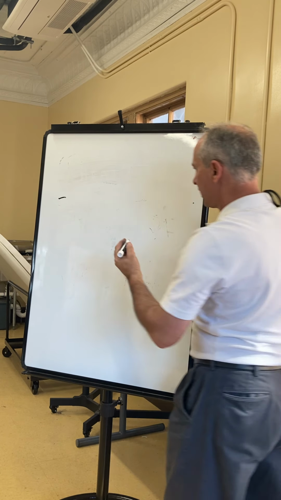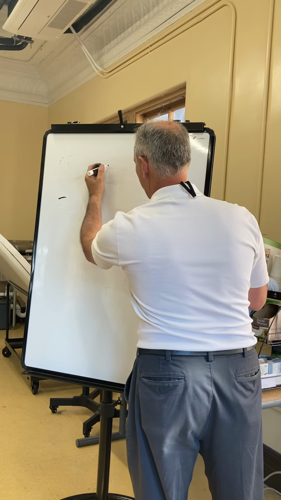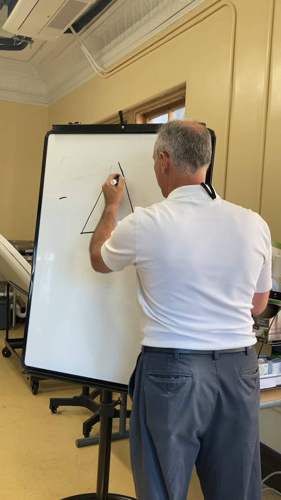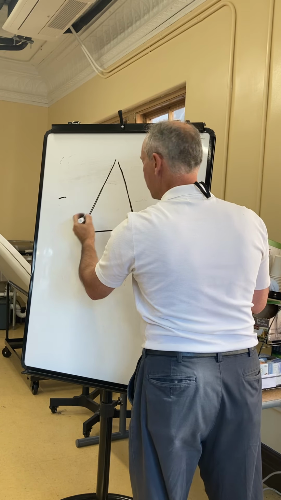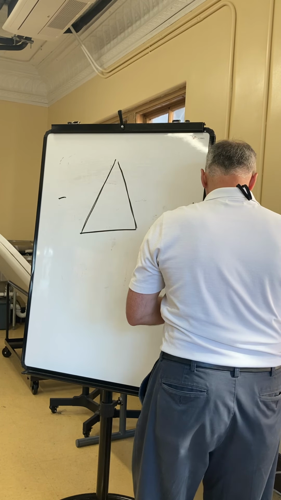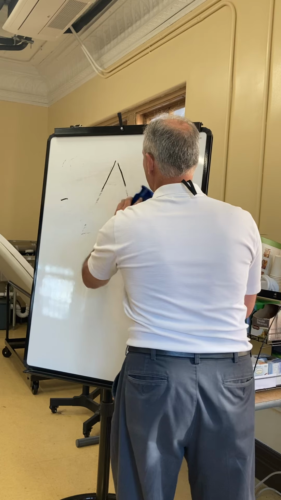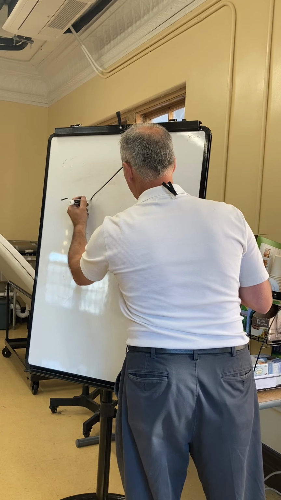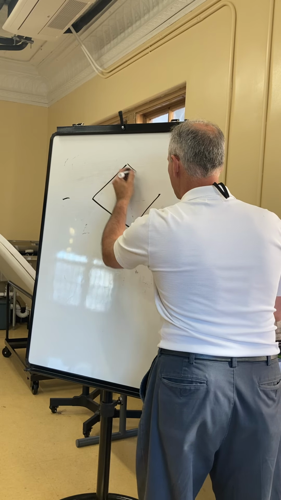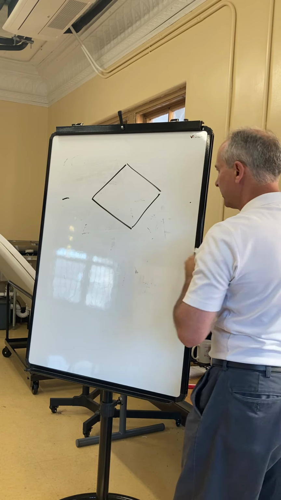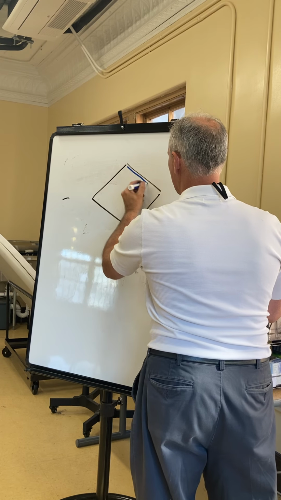Best bet may be, let's take your window where it's decorative glass, like a little diamond. So you've got a little diamond, and I'm going to use a different color. Now you've got the glazing here along the sides.